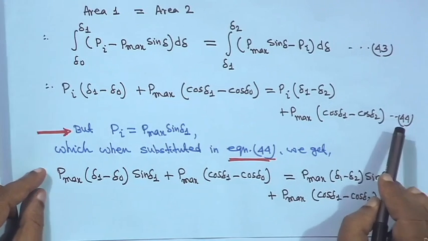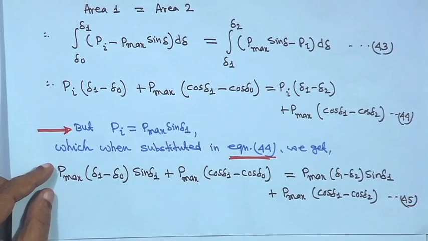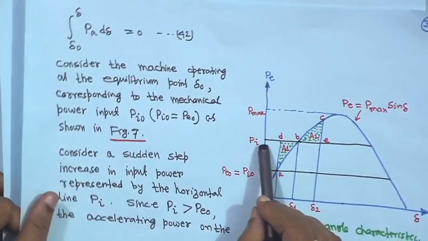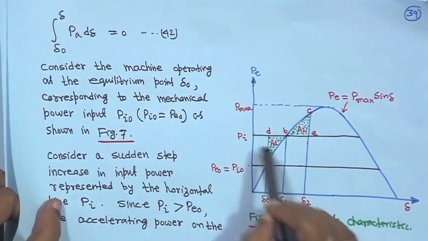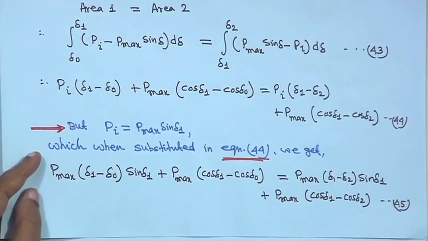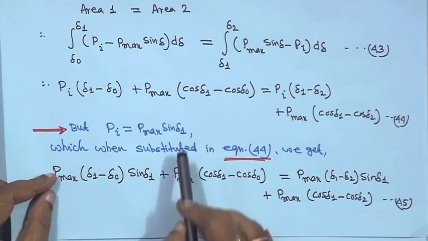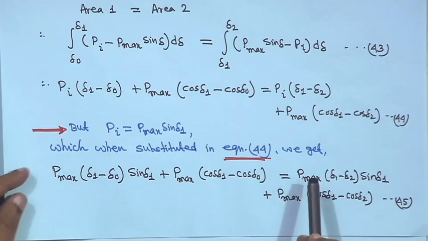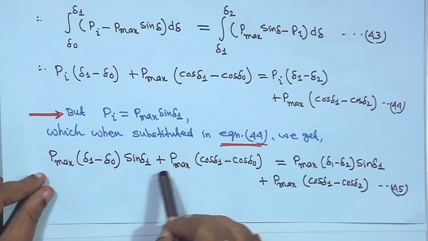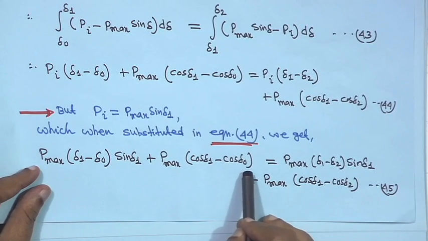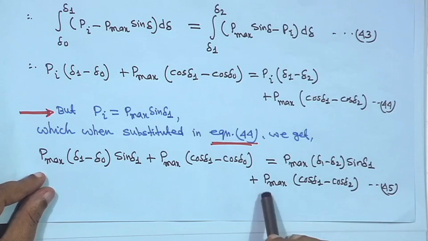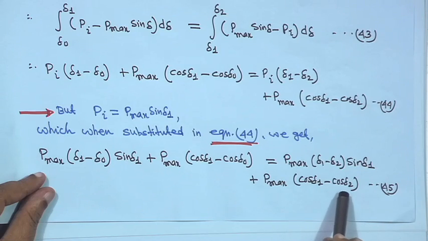This is equation 44, but P I is equal to P max sin delta 1, since when delta is equal to delta 1, P I will be P max sin delta 1. If you substitute that and simplify, it will become P max (delta 1 minus delta 0) sin delta 1 plus P max (cos delta 1 minus cos delta 0) is equal to P max (delta 1 minus delta 2) sin delta 1 plus P max (cos delta 1 minus cos delta 2).